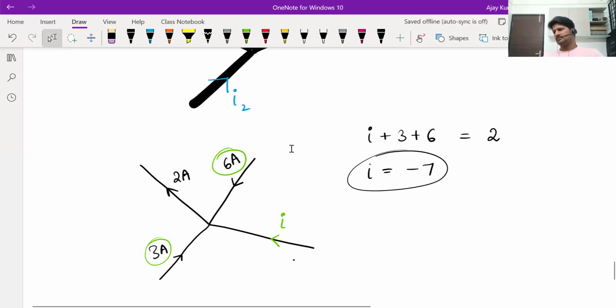Right. Have any of you ever noticed how much current our everyday household devices use? 5 amps, I think. Which device do you think uses 5 amperes? I vaguely remember seeing 5 amps written on a mobile charger adapter.